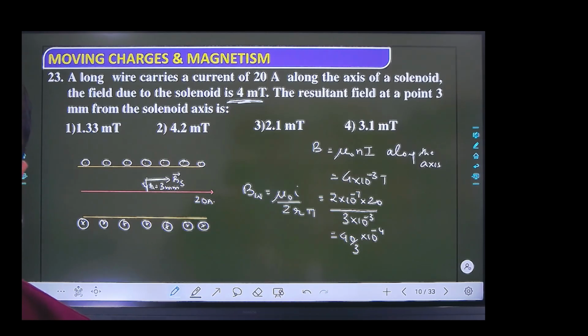What will the resultant field be? Because the magnetic fields of the wire and the solenoid are mutually perpendicular, the resultant field will be the vector sum.